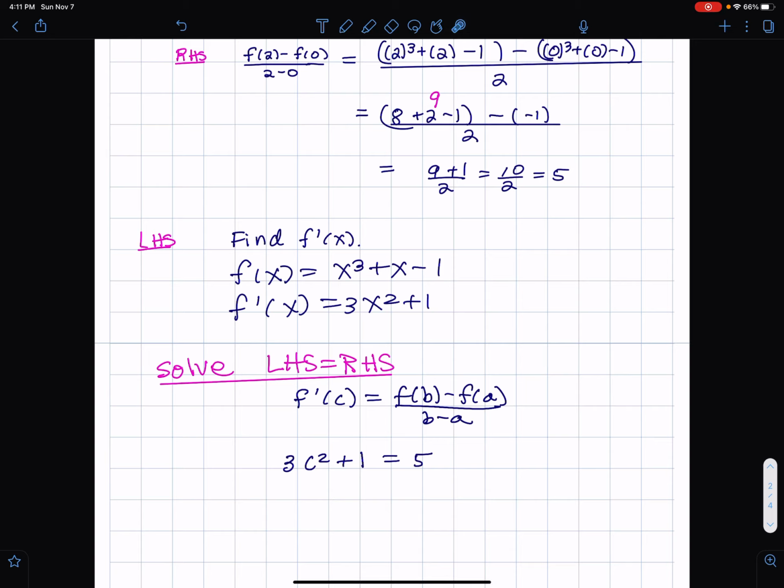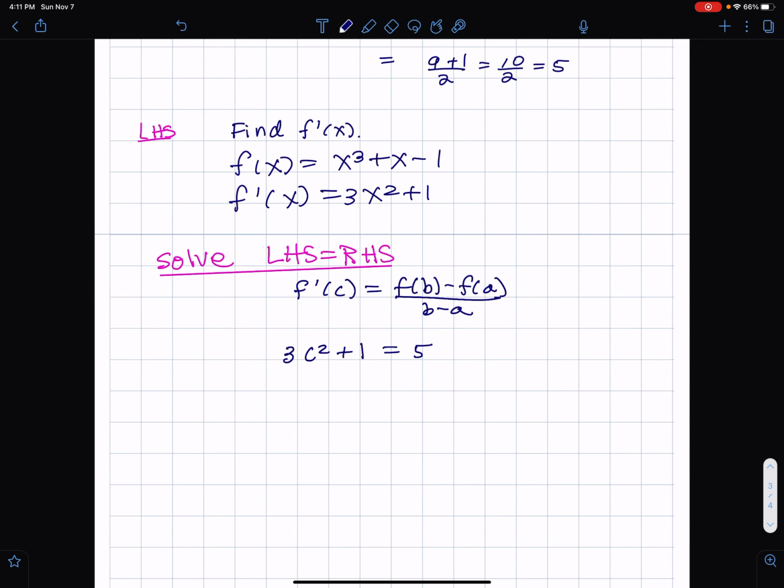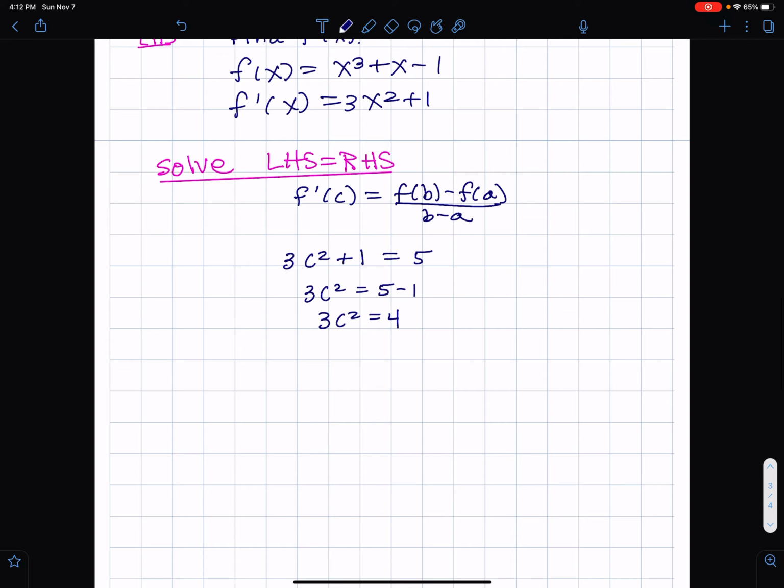Sometimes I just leave it as x, because I'm used to solving things with x, but oh well. Now this is a quadratic that has a square and a constant. So typically you just set c squared equal to a number and then solve. You don't need to do factoring.